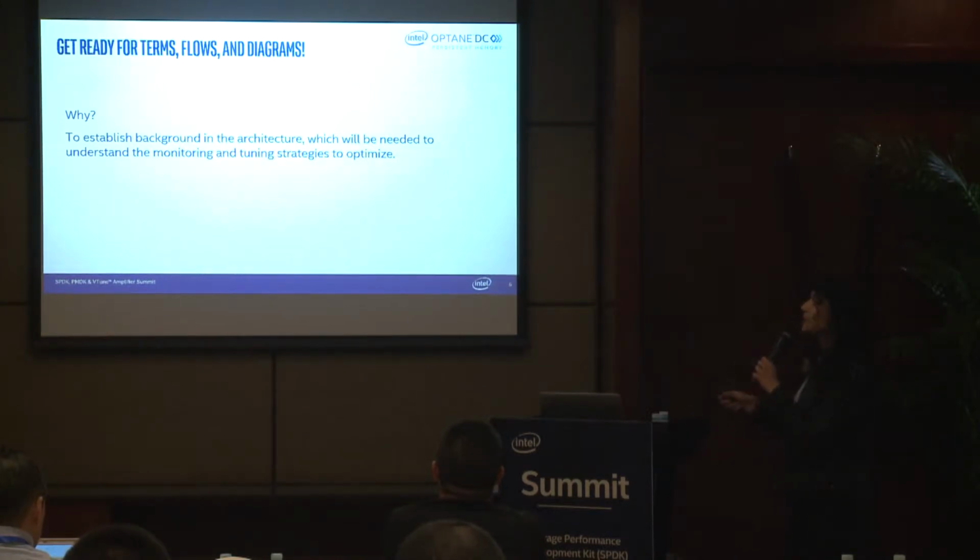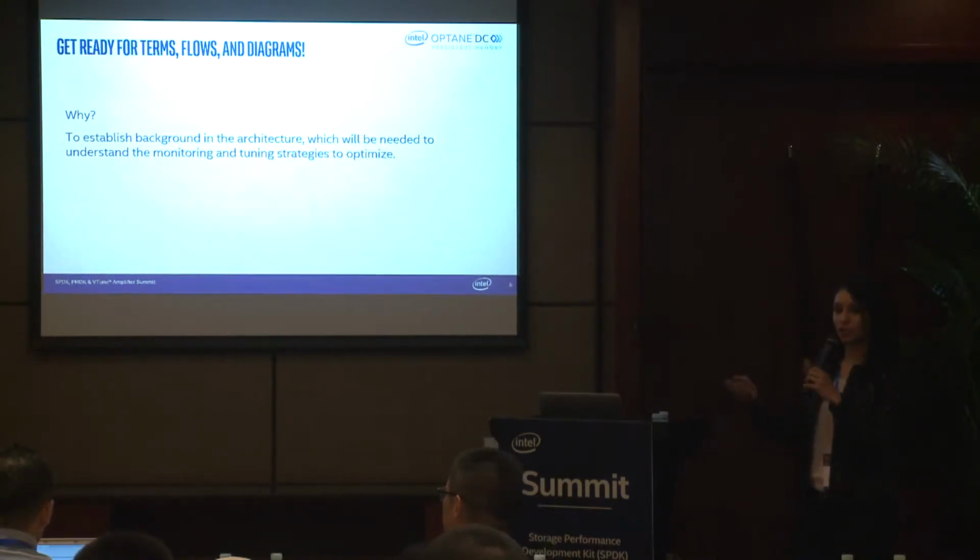And why do we need this really? If you establish a good background in the architecture, you will know what to look for when you're optimizing your application. I was an AE for many years, and that's what I needed before I could optimize my application. Based off the architectural knowledge I'm going to give you, in the tail end of the presentation I'll talk about how to monitor using the tools and also how to tune them, and give some suggestions on those for you.